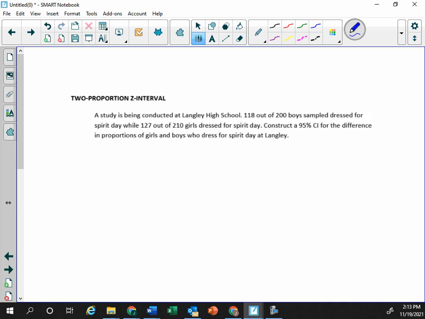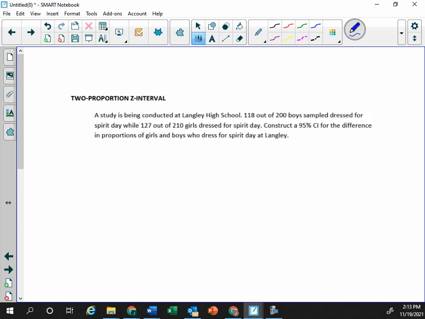Okay, so now we're doing a study over at Langley, and we've got different samples. We're still sticking with dressing up for Spirit Days, apparently. And we're going to construct a 95% confidence interval for the difference in proportions of girls and boys who dressed up for Spirit Days at Langley. So we have to start over again with defining all of those things.